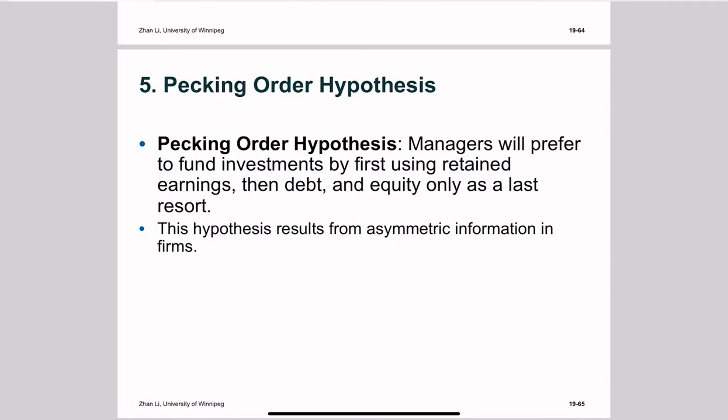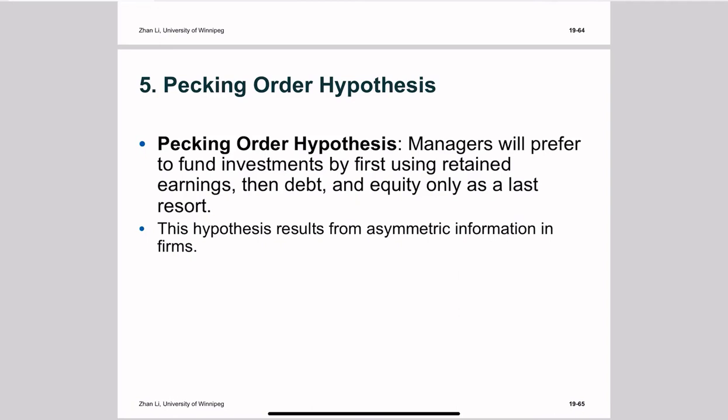So the pecking order hypothesis basically says there is an order in terms of how managers want to finance their investment. To be more specific, managers will want to fund their investment by first using retained earnings, and then they will use debt. And managers will only use equity to finance their investments as a last resort.